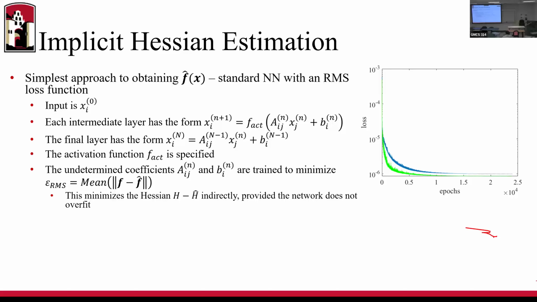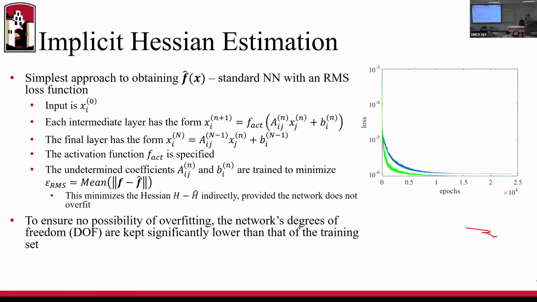If our network overfits, we can still match these discrete points, but have the network look like this, which is obviously not going to be good in terms of Hessian because the second derivative here is significantly different than the second derivative here. We will avoid this by making sure that we always have much fewer degrees of freedom in our neural network than we do in the training data that we're using it on.